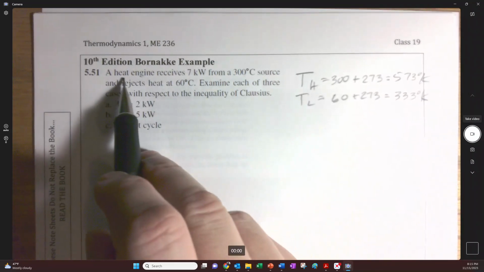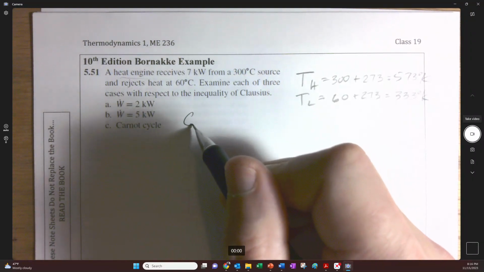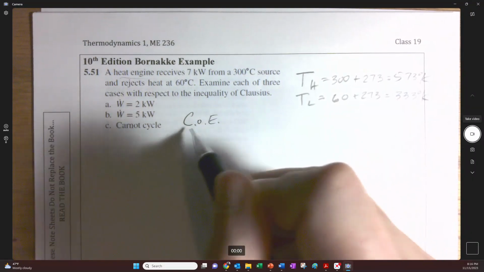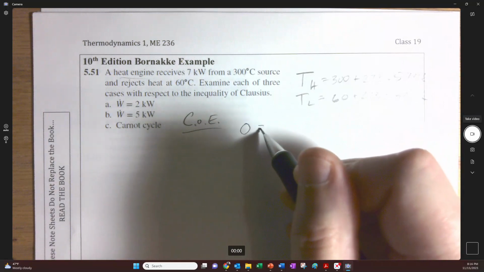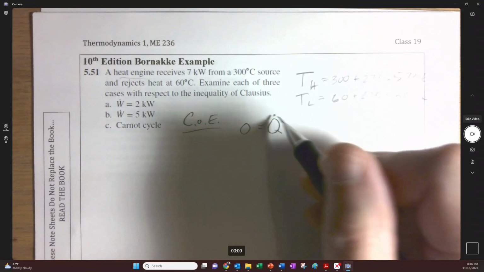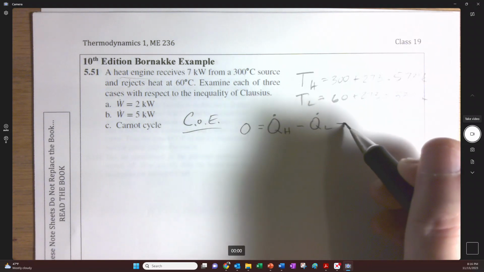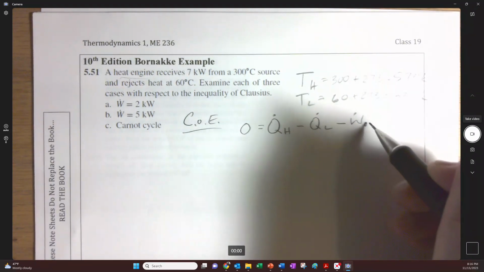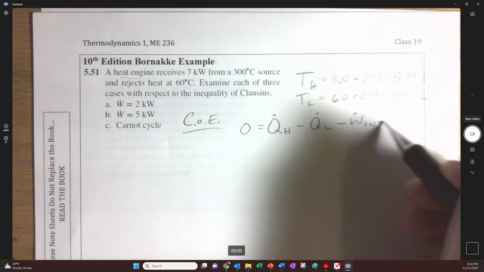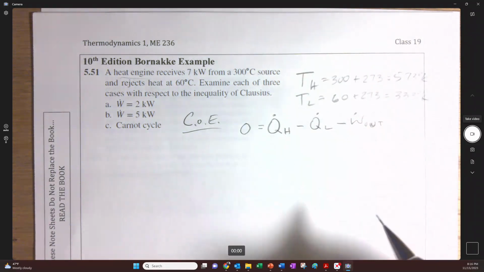We also have a heat engine, so conservation of energy says 0 equals Q dot H minus the heat rejected minus the work out, or power out.